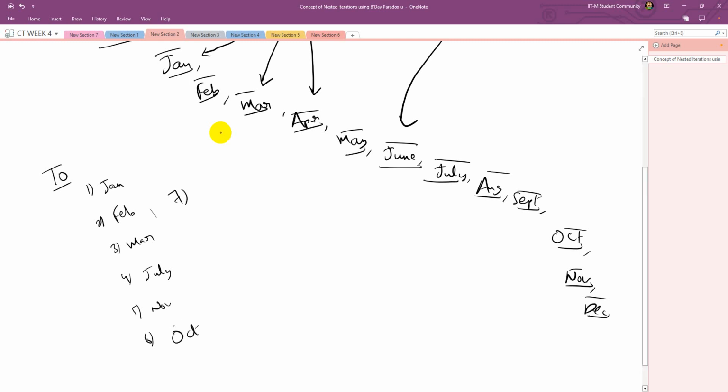Seventh student in December. Eighth student in January again. Ninth student in September. And the 10th student in January again. So I have the raw data with me, and I wanted to find out the students having the same birthday.